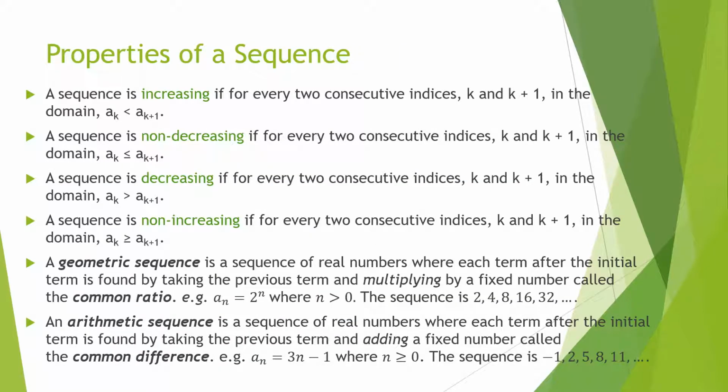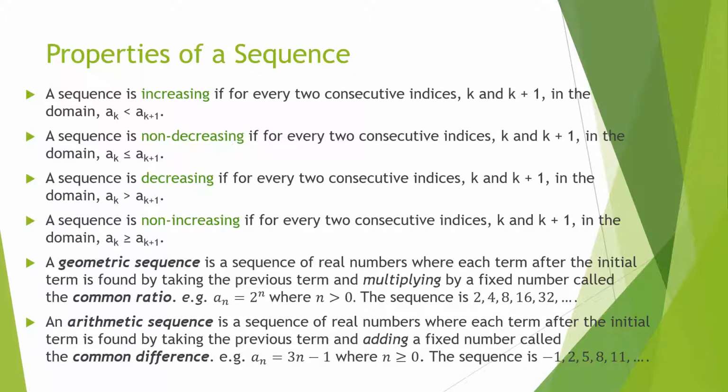So far, we have mathematically defined a sequence, and we have seen a few examples of both finite and infinite sequences. Here, I'm going to define some properties of a sequence. First of all, we start with increasing sequence. A sequence is called increasing if for every 2 consecutive indices k and k plus 1 in the domain, a_k is less than a_(k+1).